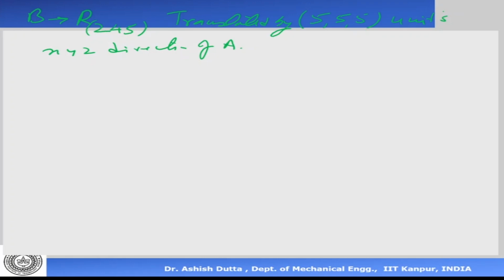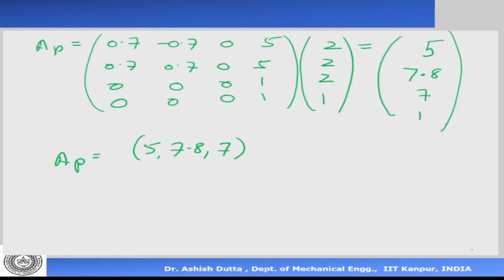So your frame B has been rotated by 45 degrees and translated by 5, 5, 5 units in the XYZ directions of A. But in this case now, suppose I give you AP, the coordinate of a point P in frame A, is equal to 5, 7.8 and 7. Okay, that means I'm giving you AP, and I'm saying now you find BP. Okay, just the reverse, or rather the inverse of this problem.